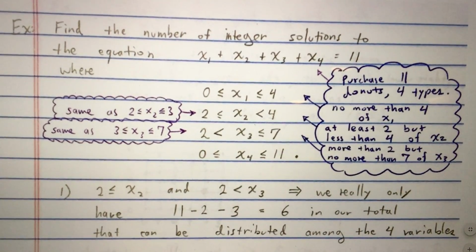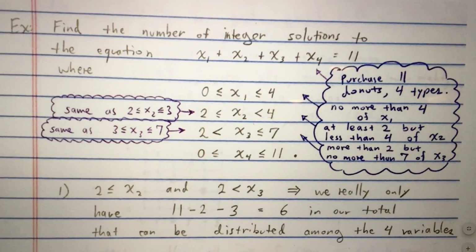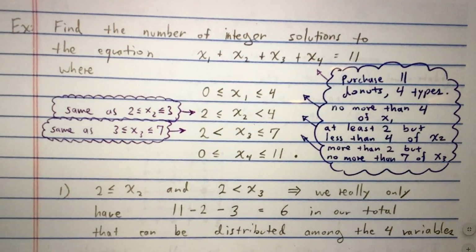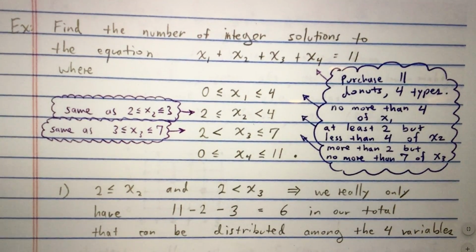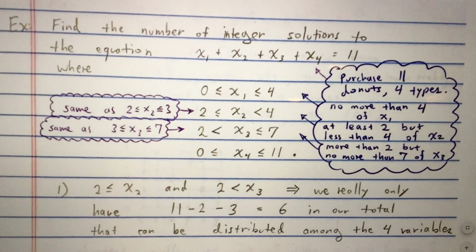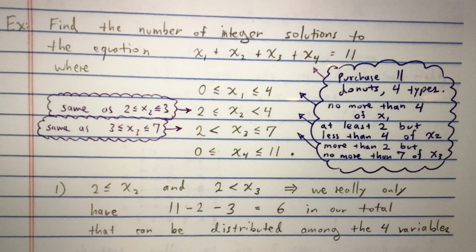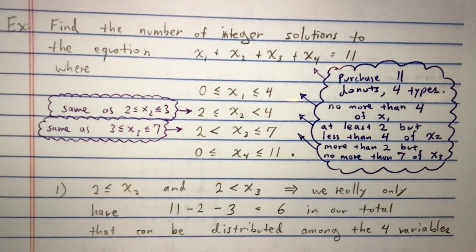So what that means is that we have to pre-allocate those variables, and we really only have 11 minus 2 minus 3 equals 6 in our total. That can still be distributed among the 4 variables. Think about it with donuts, for instance.